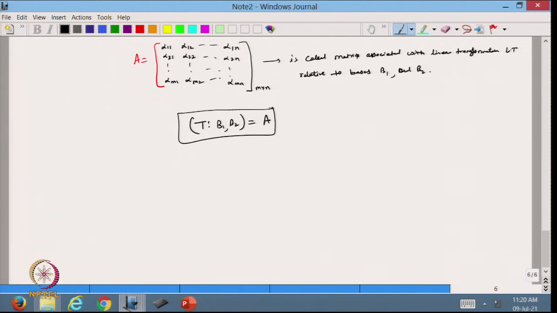This way we can define the matrix associated with the linear transformation.